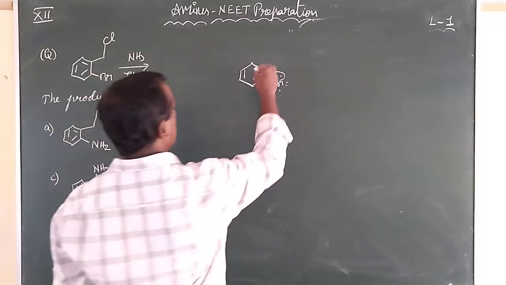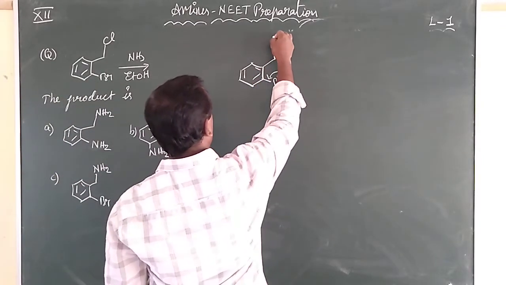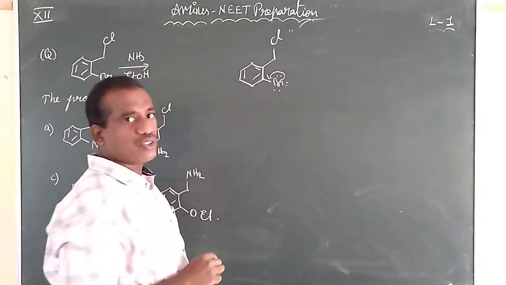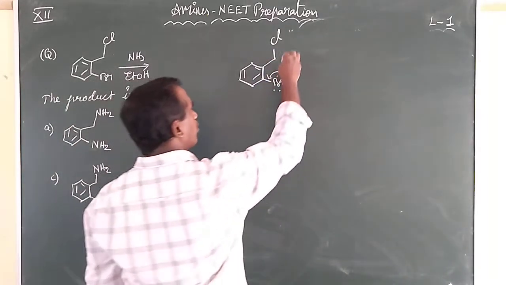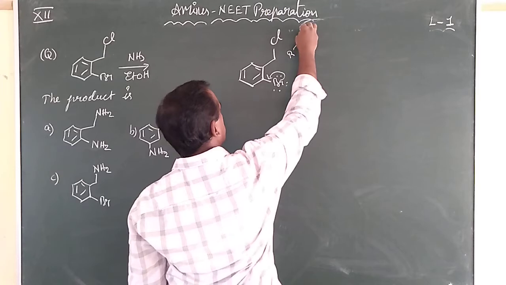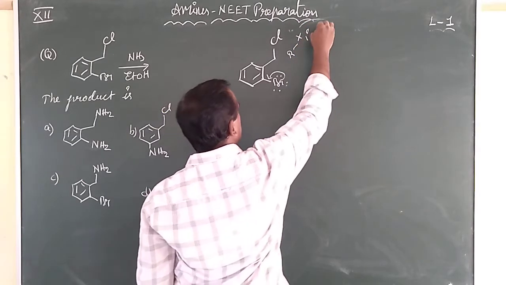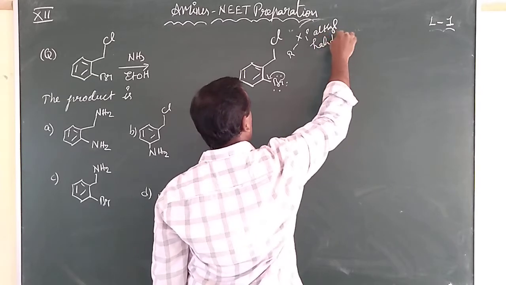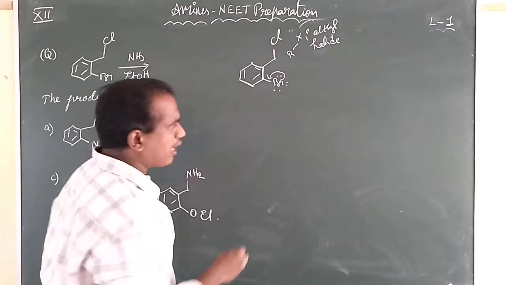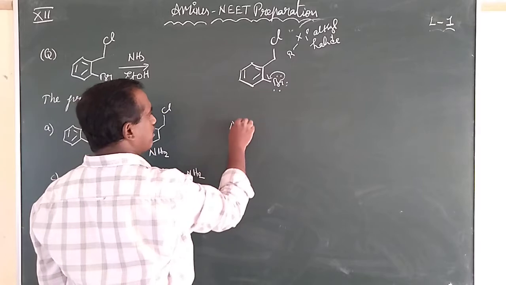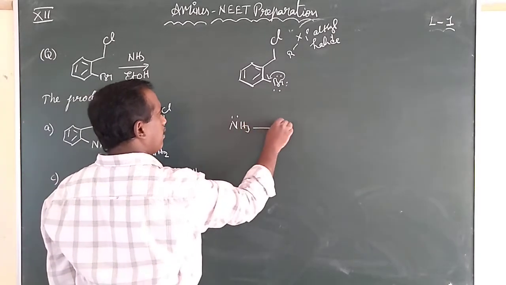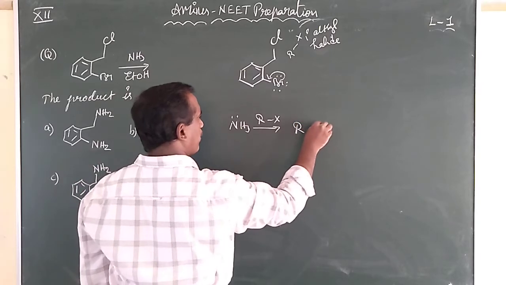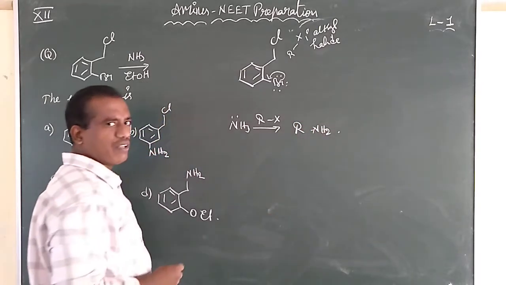Then what is the other chance? We have the CH2Cl. Observe, RX means we call it an alkyl halide. What will happen when ammonia is reacted with an alkyl halide, children? When ammonia is reacted with an alkyl halide, that will form a primary amine.